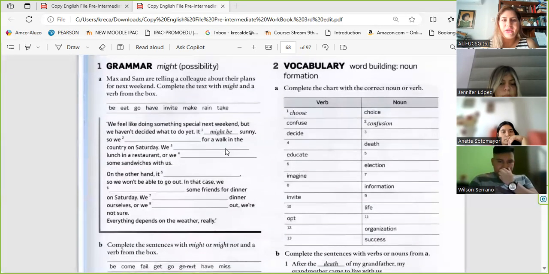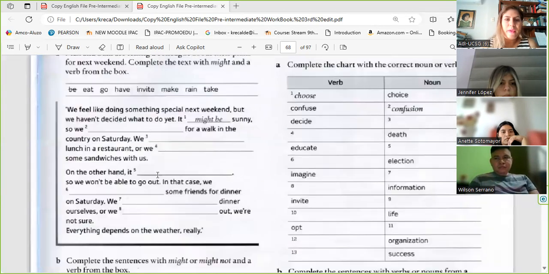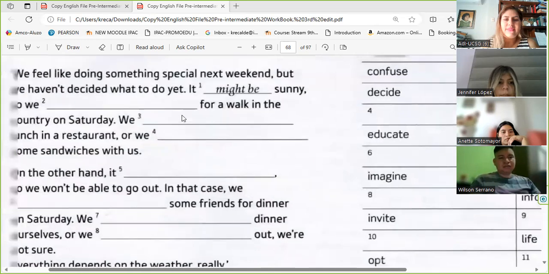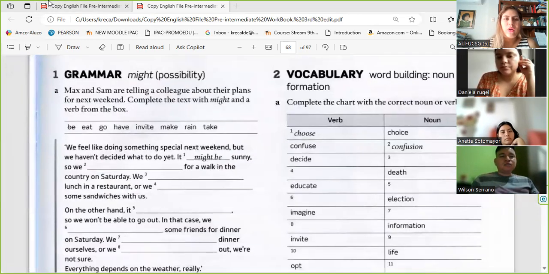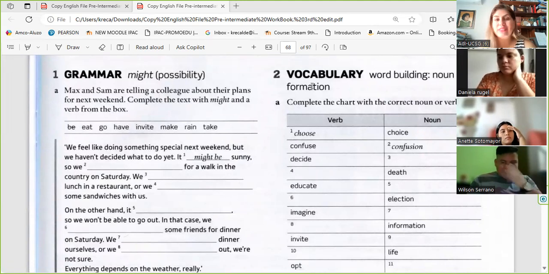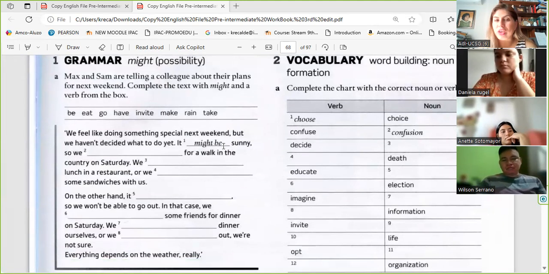Excellent, Danielita. Might. When we talk about possibilities, we can use might or we can use may. Both are the same. There is no difference. The only difference is the pronunciation. We pronounce this might and the other may.